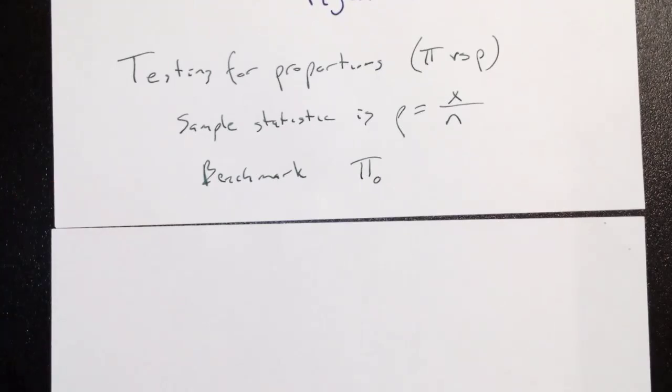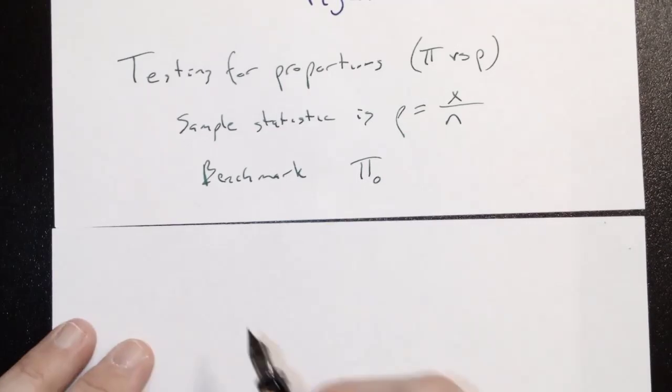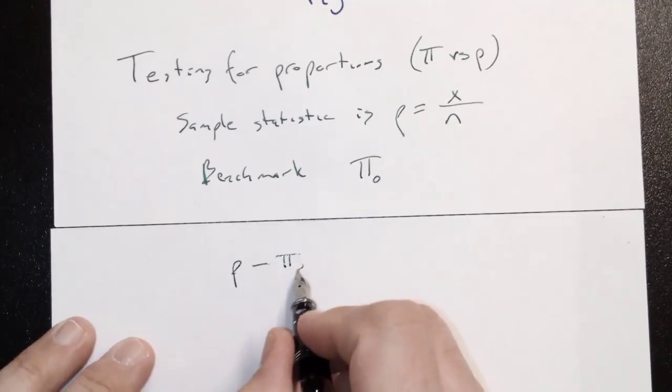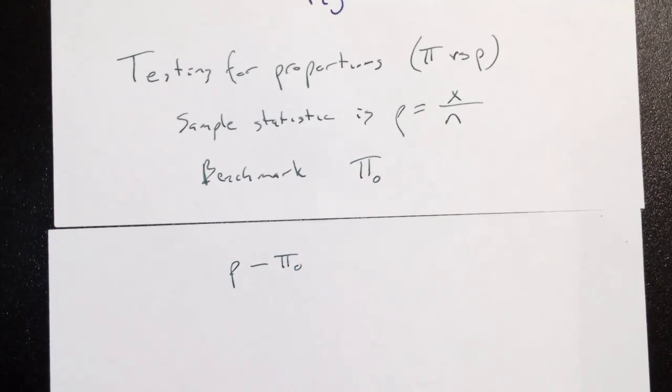Well, this is just like the sample average we got and the expected average. So I think of my test the same way. I'm going to take the difference and I'm going to divide it by the standard error for a proportion.